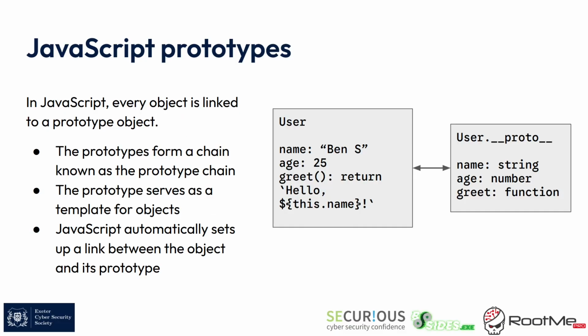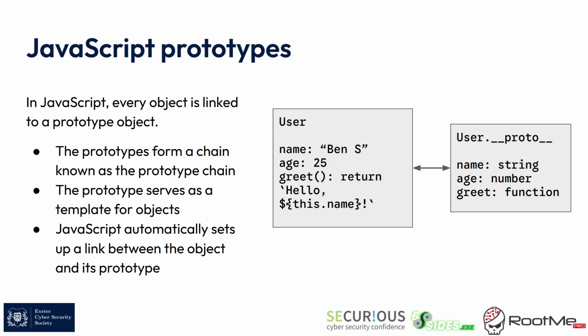But what's the difference then? We've got classes and we have prototypes. In JavaScript, every object that exists has its own prototype. Every object is linked to a prototype object. These prototypes form a chain, which is known as the prototype chain, and they serve as a template for objects.